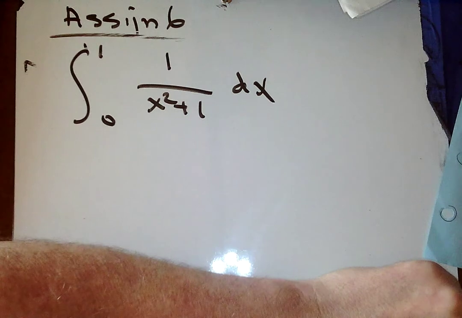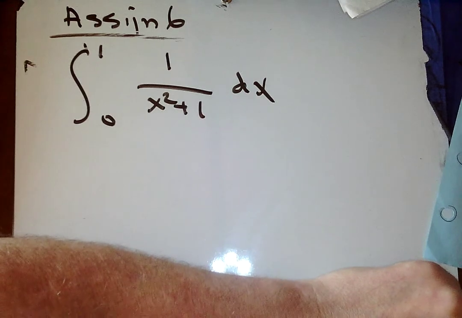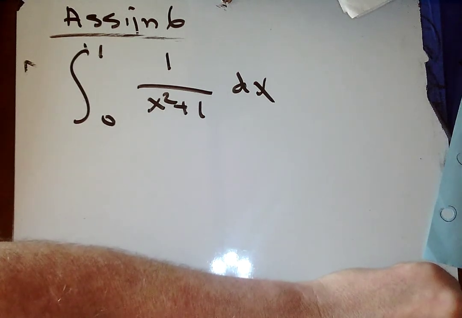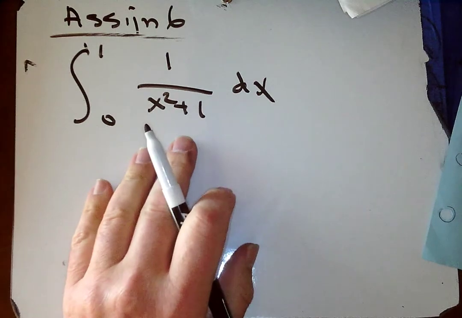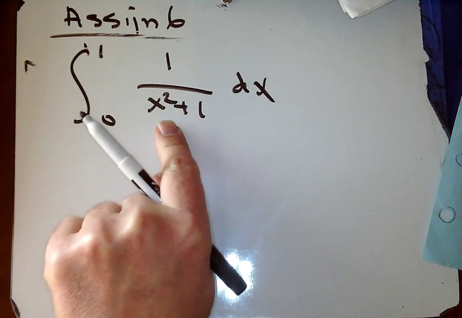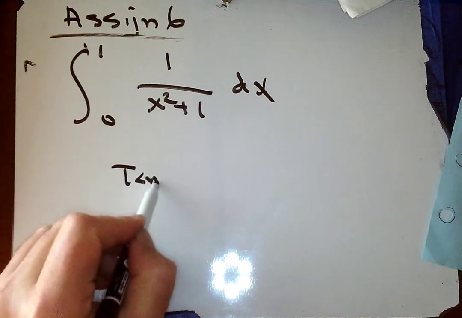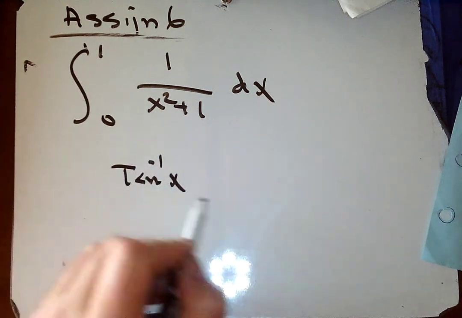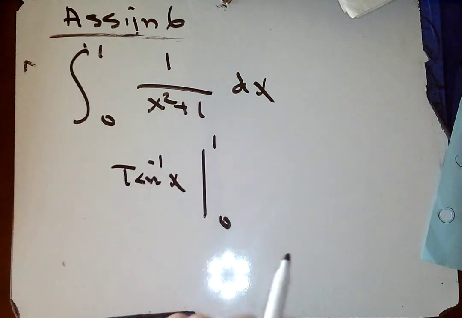If you don't, you need to be honest with yourself and say, I better start practicing those derivatives again so that I remember, or at least review them. No, really, because everything depends on you knowing those derivatives so you can find the antiderivatives. You're supposed to recognize that this is inverse tan's derivative. So I've got inverse tan x from 0 to 1.